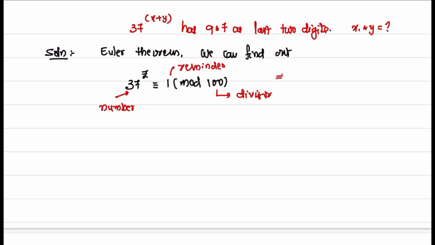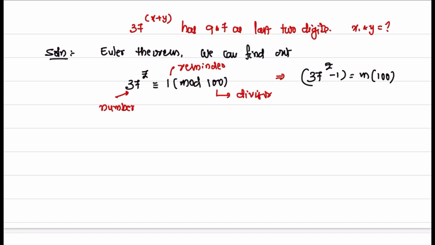Which implies in simple mathematics we can write 37 to the power of z minus 1 is equal to m into 100. When you divide 37 to the power of z by 100, there should be a remainder of 1. That is the Euler theorem.